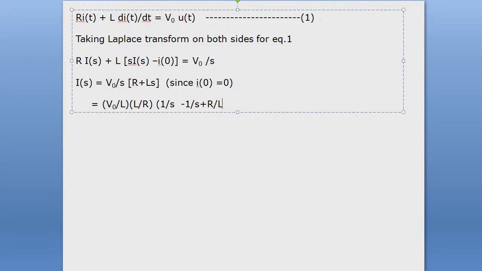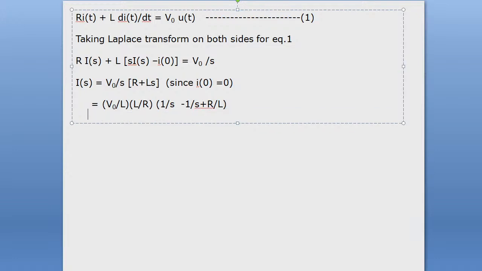Everyone look at the expression, L by R by L. Therefore, I can write this finally as V naught divided by capital R into 1 by s minus 1 by (s plus R by L).